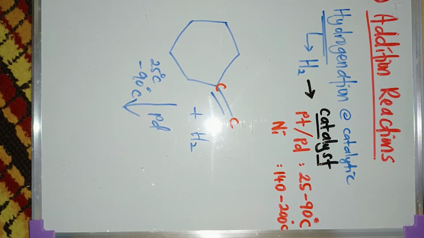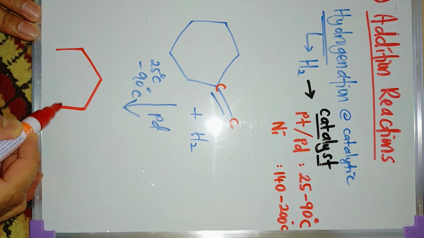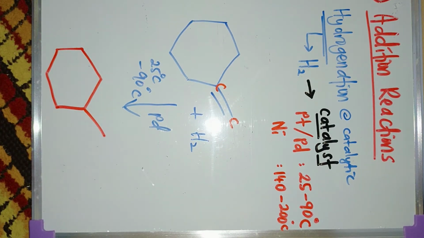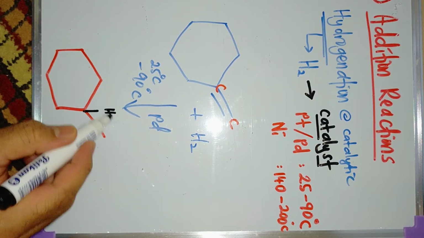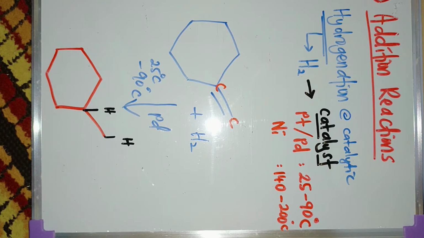Your product is alkane. The hydrogens enter at the double bond carbons here. This is alkane. Understood?